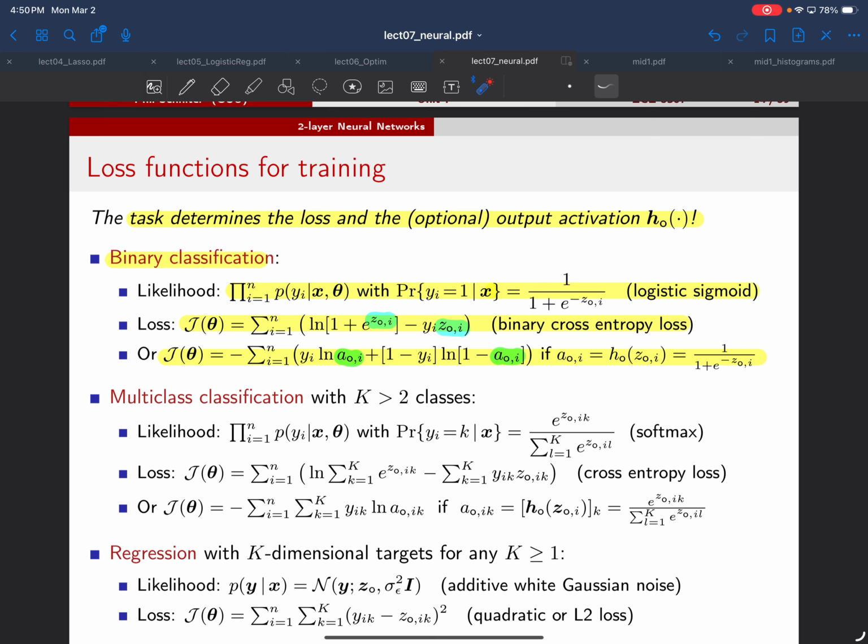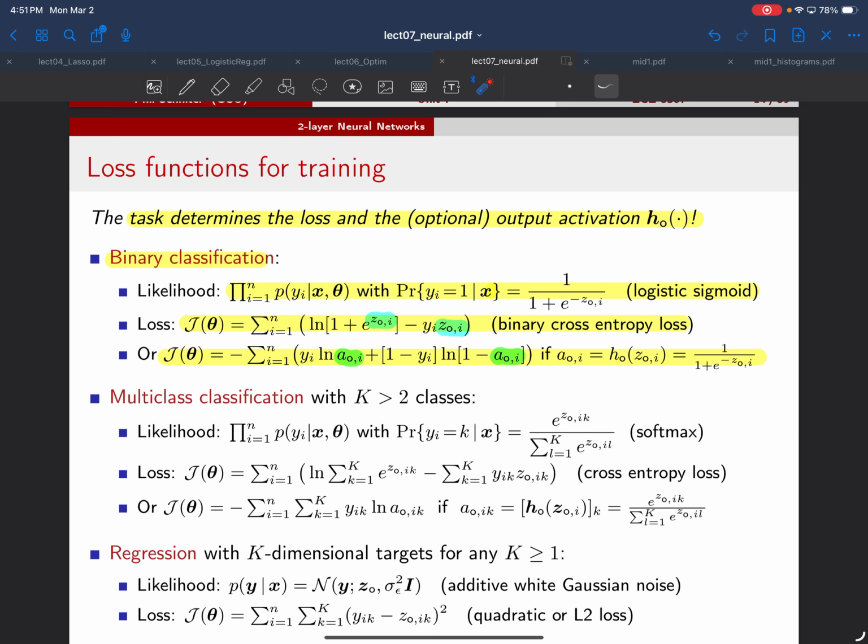So if your network is outputting z0 and you put it into this loss, it's not going to work, right? Because this is expecting the activations. On the other hand, if your network is outputting these sigmoids and then you plug it into this, it's not going to work. Right? You have to match your loss with your network outputs. Okay. All right, so that's binary classification.